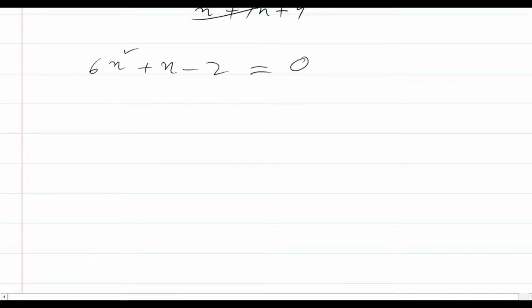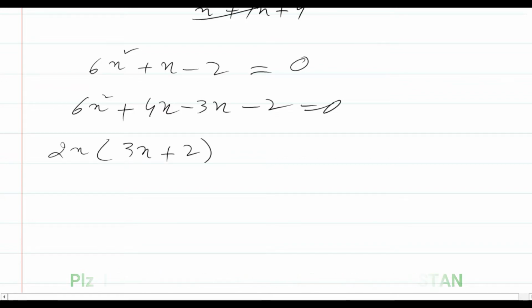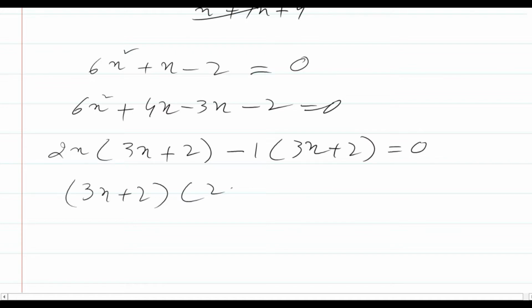Now you can factorize this and it will reduce to 6x square plus 4x minus 3x minus 2 equal to 0, and after taking 2x as common, you are left with 3x plus 2, and here minus 1 is common, 3x plus 2 will remain inside the brackets. Now you can take 3x plus 2 as common and you are left with 2x minus 1 equal to 0.